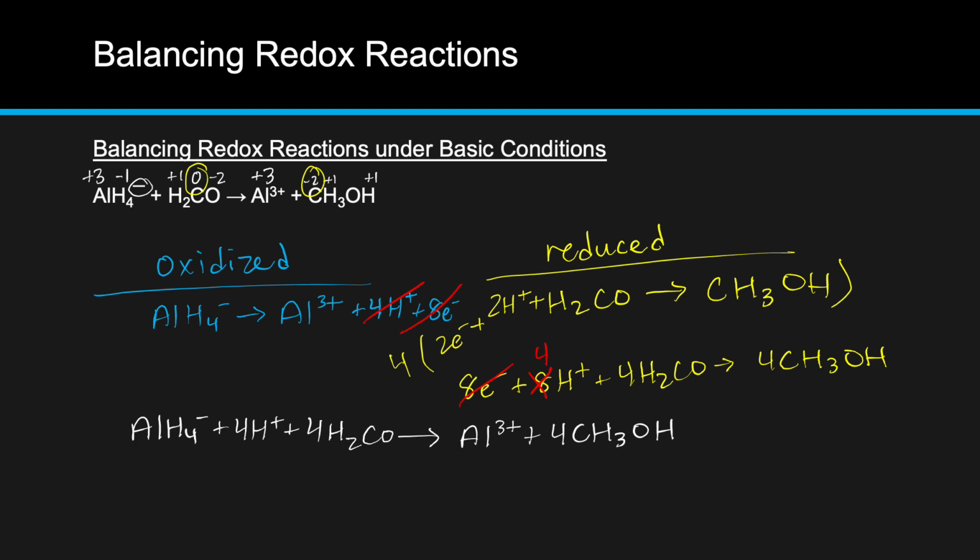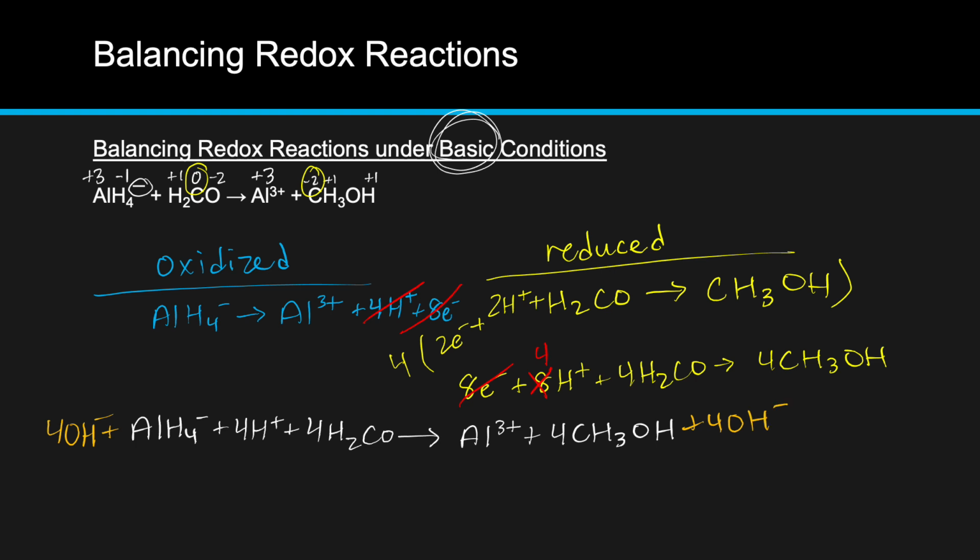However, this specifically is calling for basic conditions. So this is where the new steps come in. We look at where our H+ ions are, and we add that same number of hydroxide ions to both sides. So we are going to add 4 hydroxide ions to the left and 4 hydroxide ions to the right.